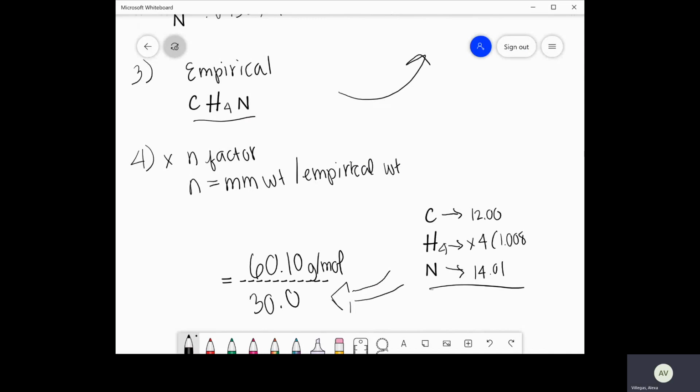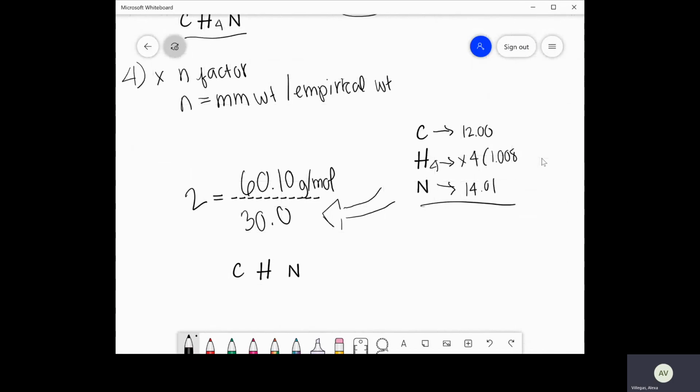We plug that in to divide, and we're going to get a value of 2. So that is our n factor, and that is what we're going to multiply to our subscripts to obtain our molecular formula.